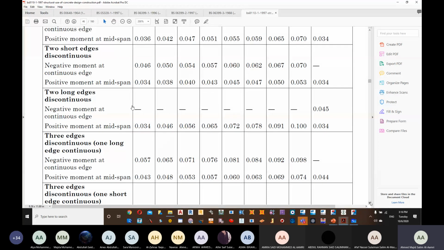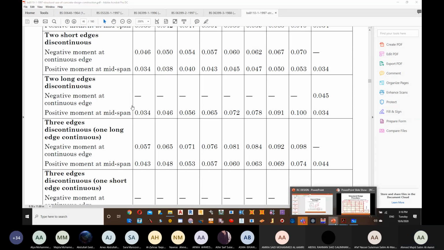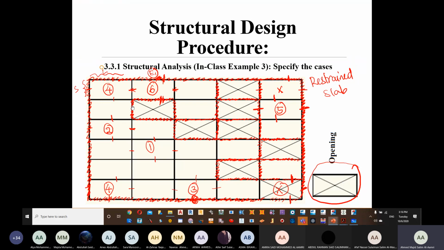So three edges to be discontinuous, and one long to be continuous. We need to search for the one which is continuous. Now let's take this case. We have one discontinuous, second discontinuous, third discontinuous, and only one continuous which is long. Are we fine?